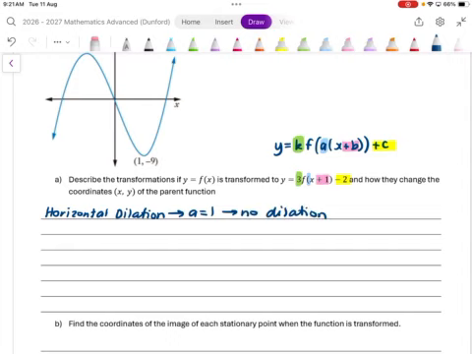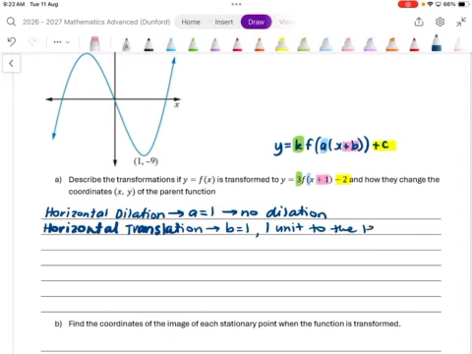The next thing we look at is our horizontal translation. Okay, so our horizontal translation is b equals 1. What that is doing is moving 1 unit to the left.